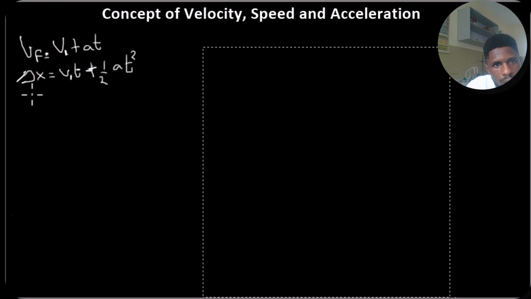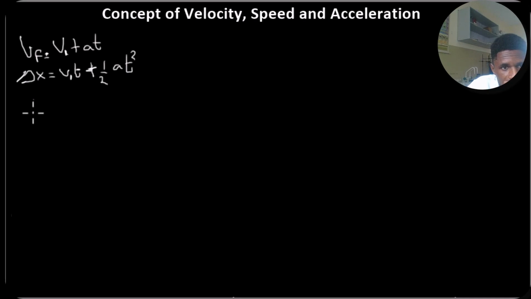So the third equation, squaring this, we have vf squared is equal to vi squared plus 2a delta x. When we square this and then we make this disappear, you see the equation coming out from this, and then substitute it and we find our 3 equations of motion.